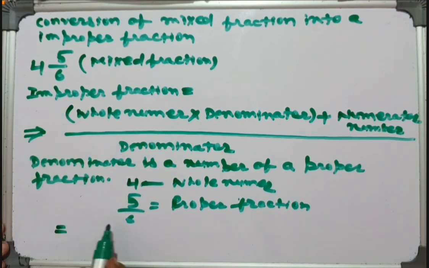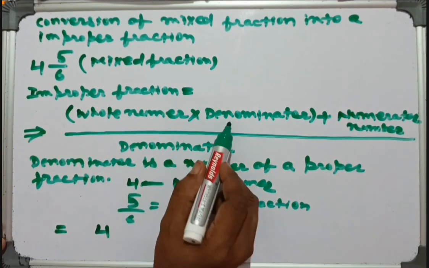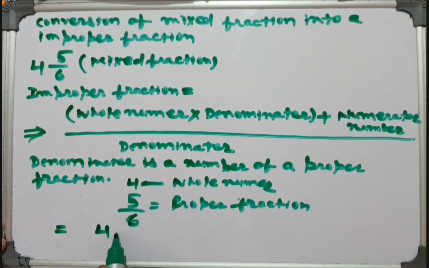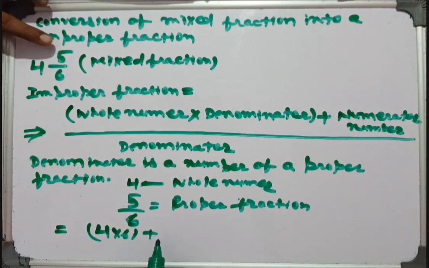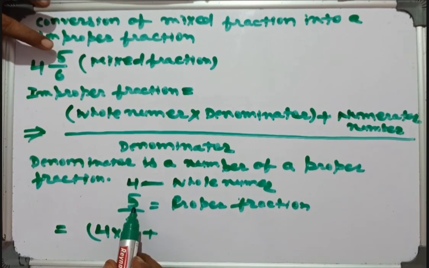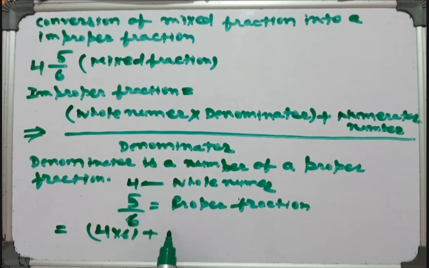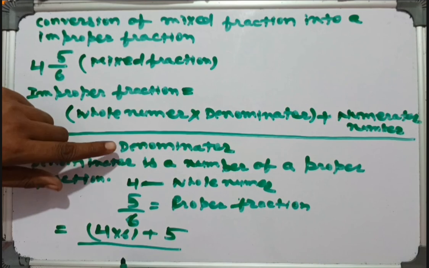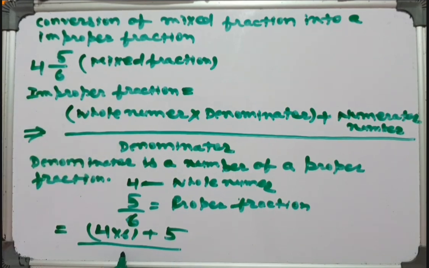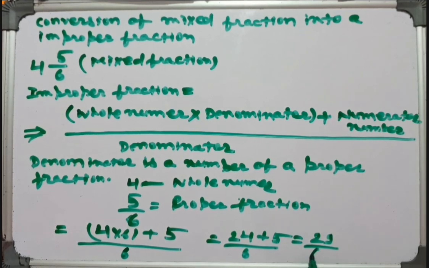The whole number is 4, the denominator here is 6, then again addition of the numerator of the proper fraction, which is 5. Then again we put the denominator, which is also 6. So 24 plus 5, then 6, then 29 by 6. So it is the final answer.